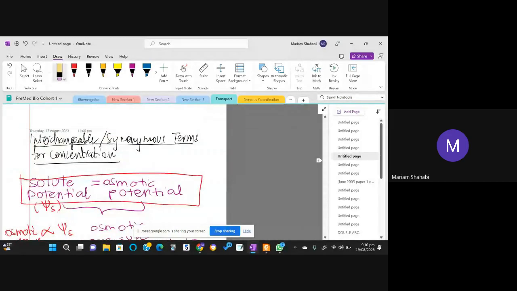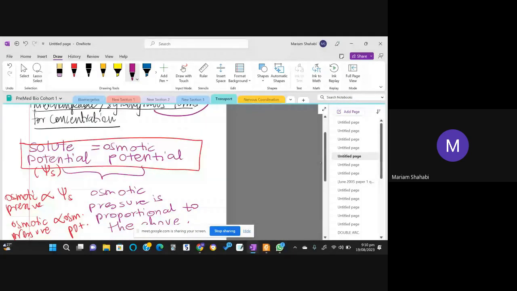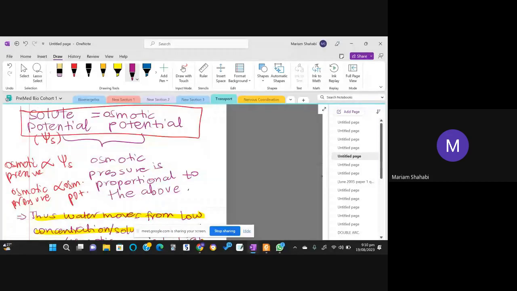ठीक है, concentration of the solution, concentration of the solute. जितना ज़्यादा solute होगा in a solution वो उतनी ज़्यादा अपनी तरफ पानी attract करेगा, and as a result of that all of these values will be proportional to it.